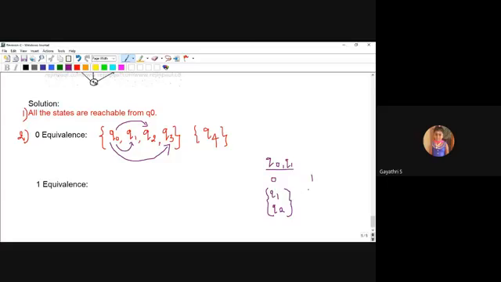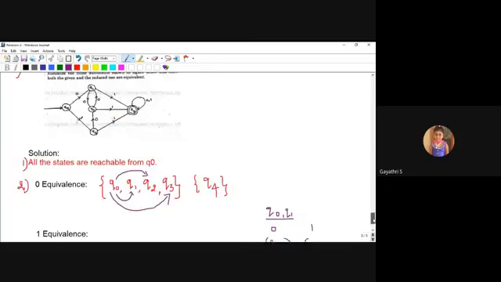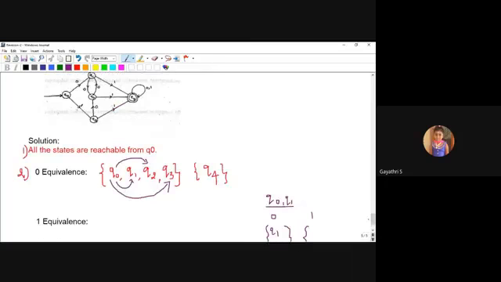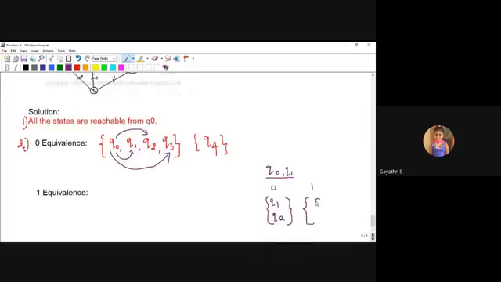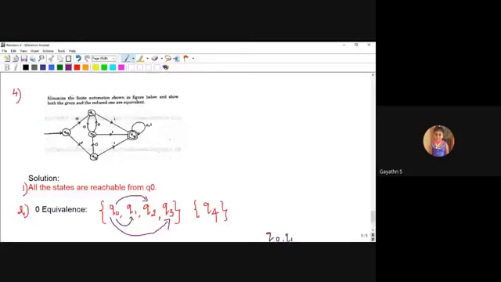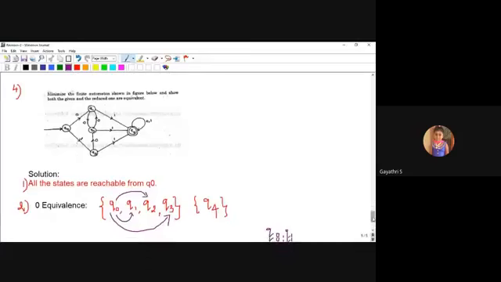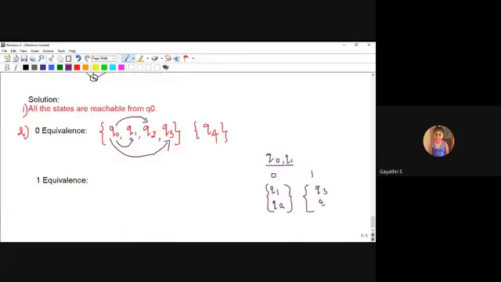Next, the transition on 1. Q0 on 1 goes to Q3, and Q1 on 1 moves to Q4, right? In the zero equivalence, this pair belongs to different groups: Q3 comes to the first group, and Q4 comes to the second group.